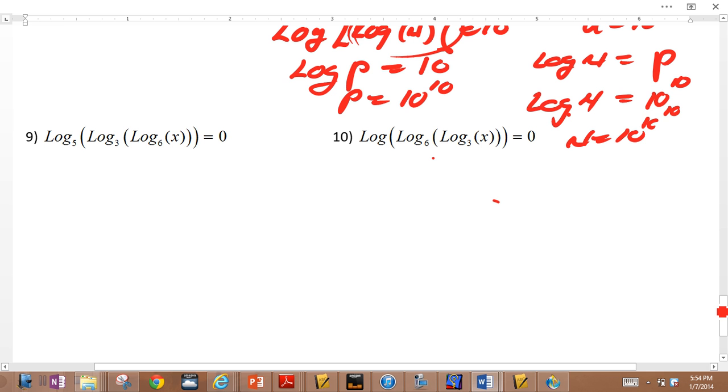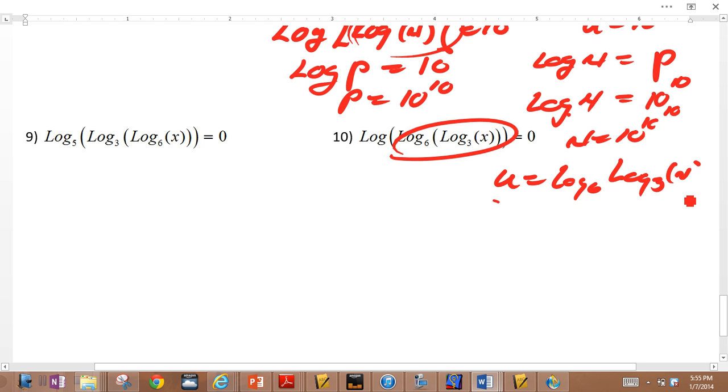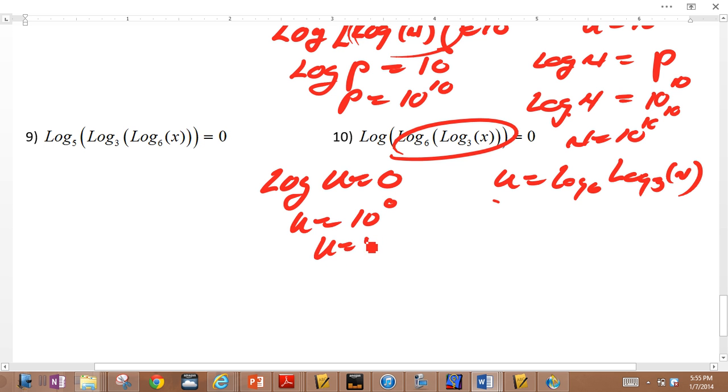Same protocol with these, let's just say. All right? So substitution for the time being. U is equal to log 6 of log 3 of x. So the simplified expression becomes log of u equals 0, which translates out to u equals 10 to the 0, which of course says u equals 1.